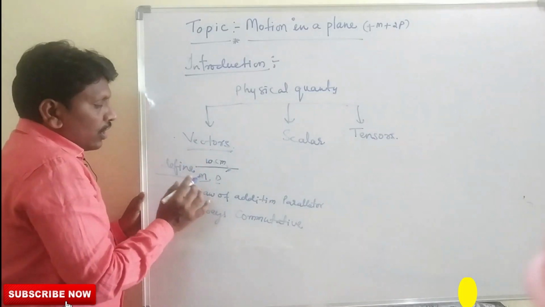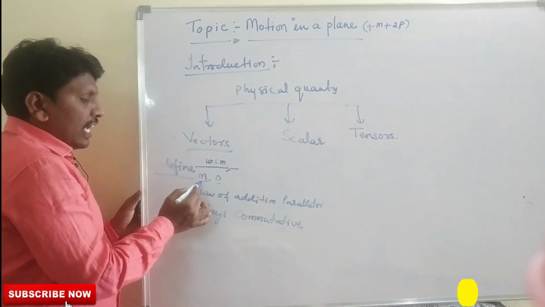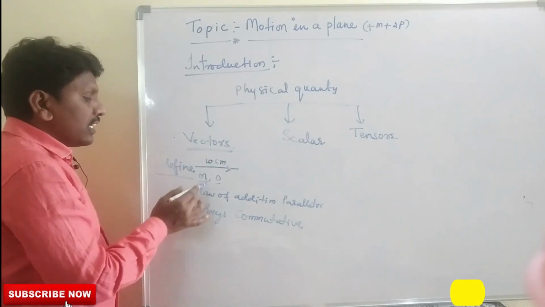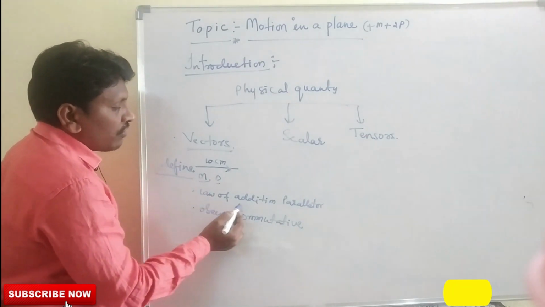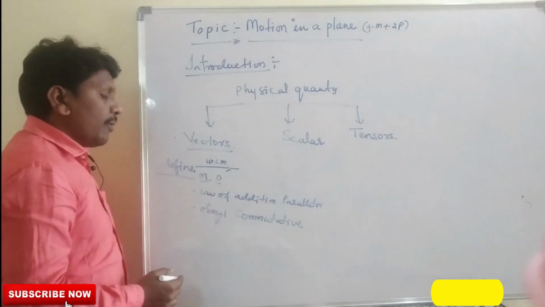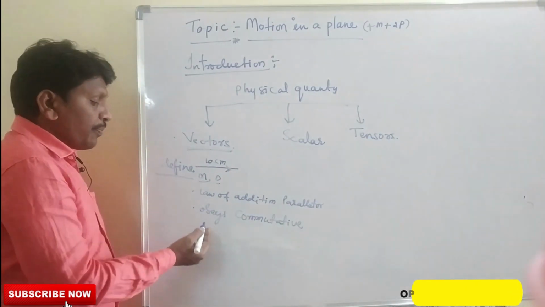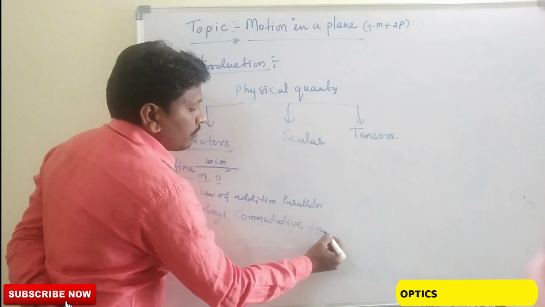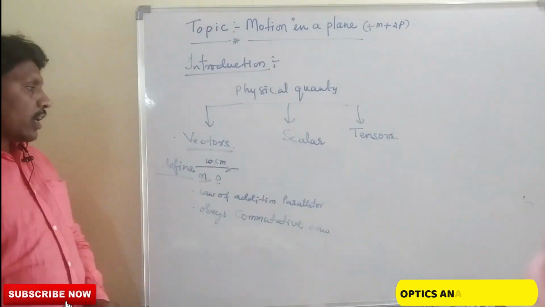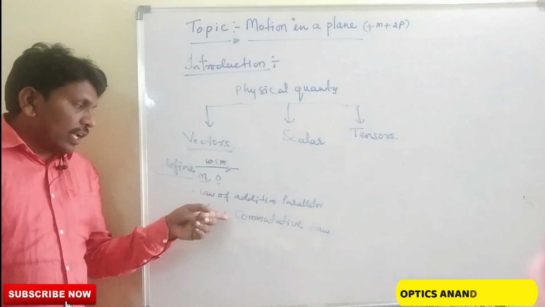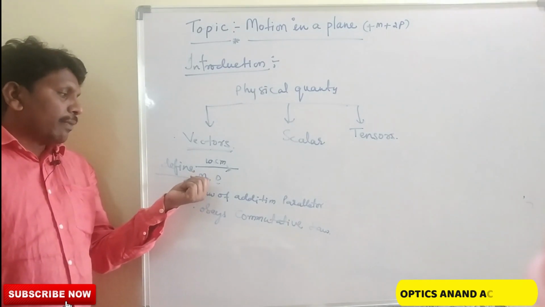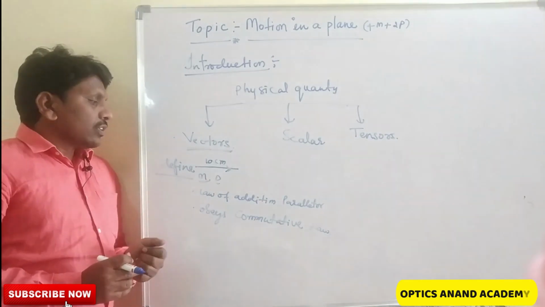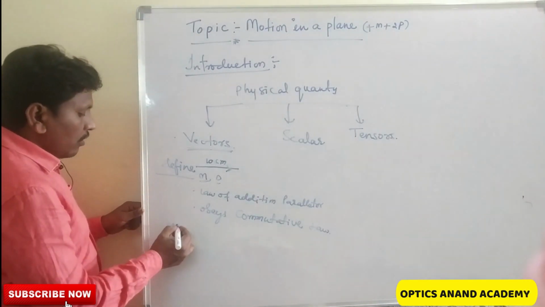If a physical quantity only has magnitude and direction, it can never be called a vector. It must obey the parallelogram law or law of vector addition, and it must obey the commutative law. If a physical quantity obeys these two laws and has both magnitude and direction, then we can simply call it a vector.